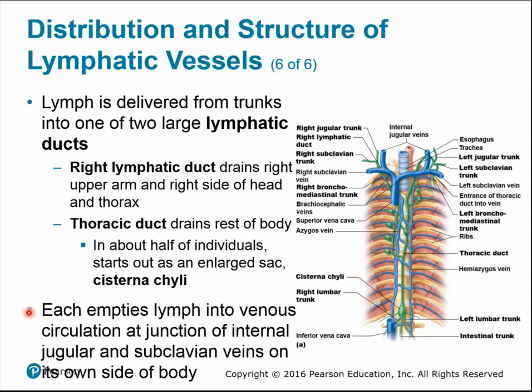Eventually, both of the lymphatic ducts empty into the venous circulation, at the jugular and subclavian veins. The lymph fluid has been filtered and cleaned, so we can now return it to the systemic circulation through the venous system.